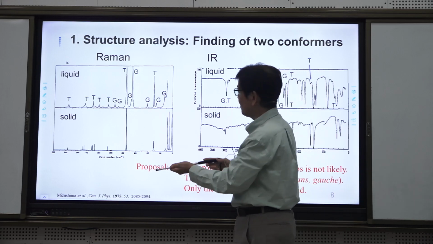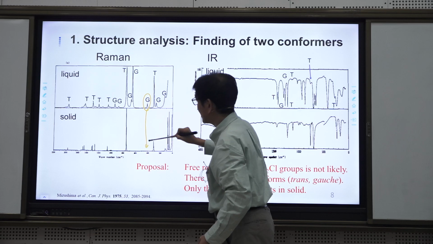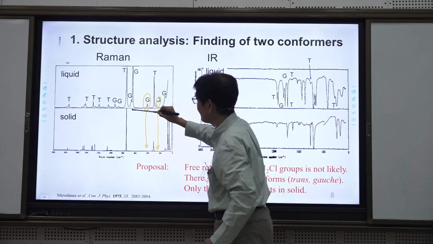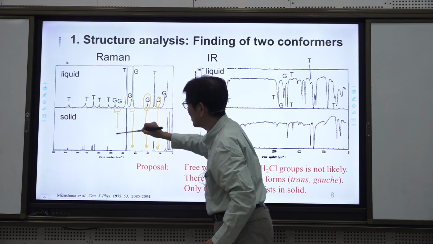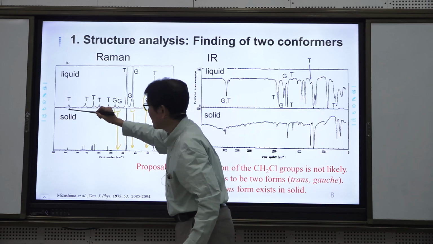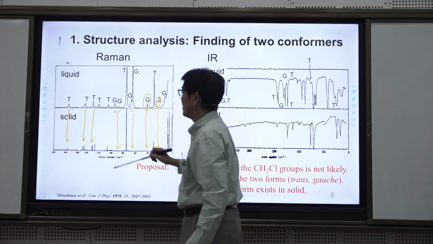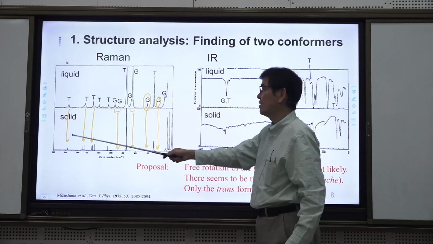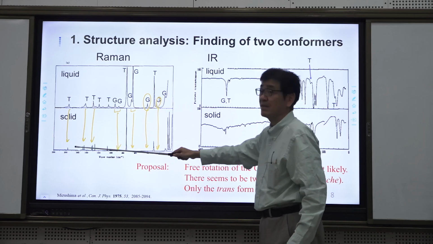You see, gauche mode is absent. Gauche mode is absent. Gauche, absent. On the other hand, trans is here, here. Okay, apparently only vibrational bands of the trans conformer appear here.